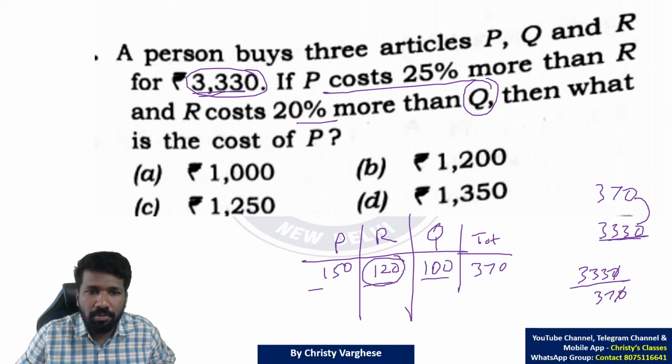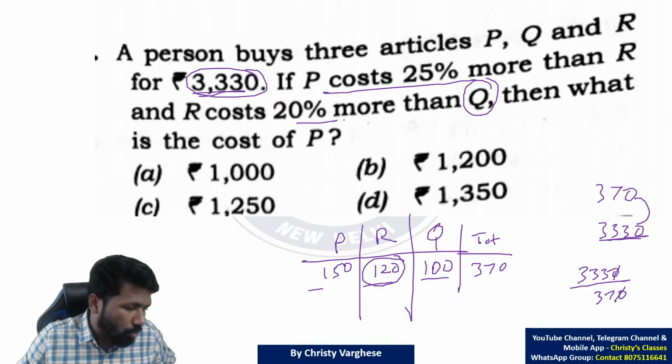P costs 25% more than Q and R costs 30% more than Q. Just a minute.